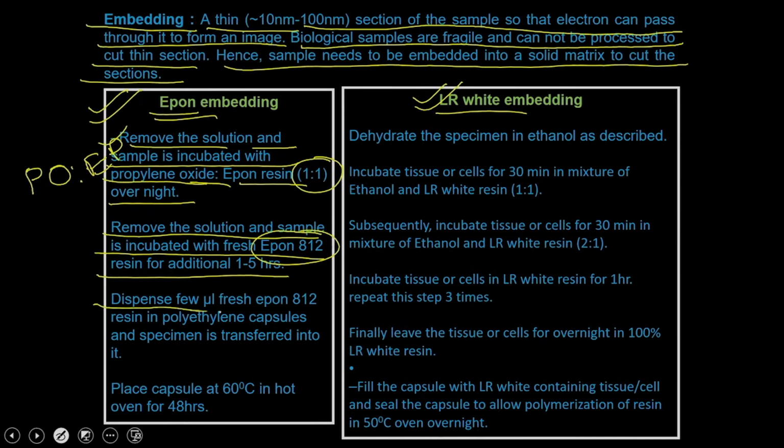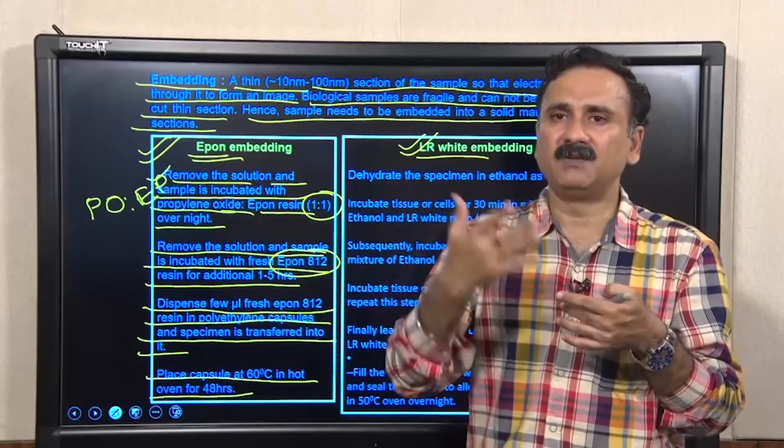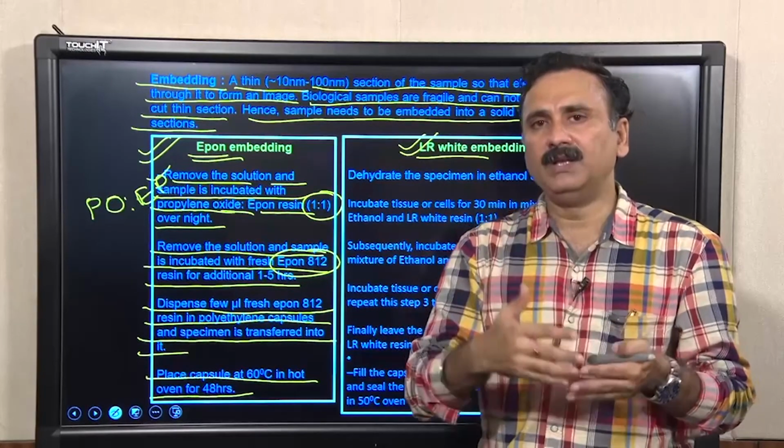Now, what you do is dispense a few microliters of fresh Epon resin in polypropylene capsules, and the specimen is transferred into it. Place the capsule at 60 degrees in a hot oven for 48 hours. What you are exactly doing is embedding not only from outside, but from inside also. You are simply replacing the solvent present inside the sample with the resin.